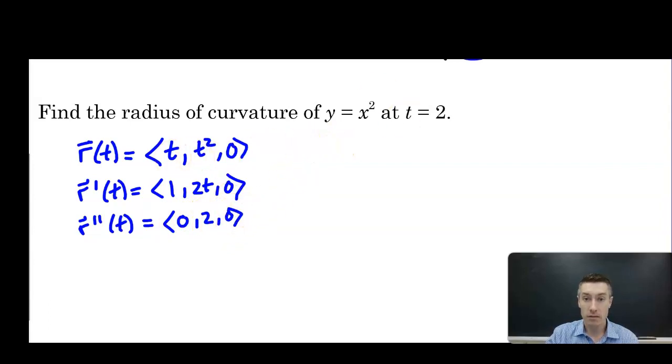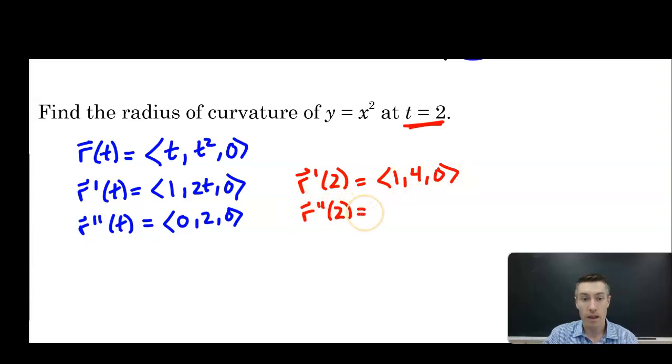And again, they're giving us a value of t to compute the curvature and the radius of curvature at. So since we are done differentiating, the only things left are the cross products and magnitudes. We can plug in. So r prime of 2 is equal to 1, 4, 0. R double prime of 2 is equal to 0, 2, 0. So we can cross them.